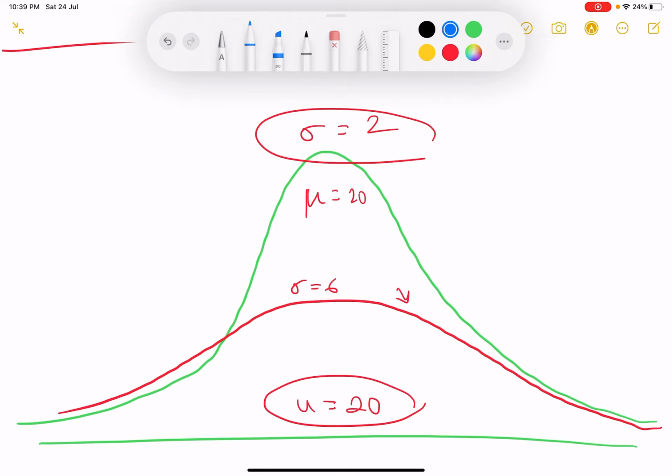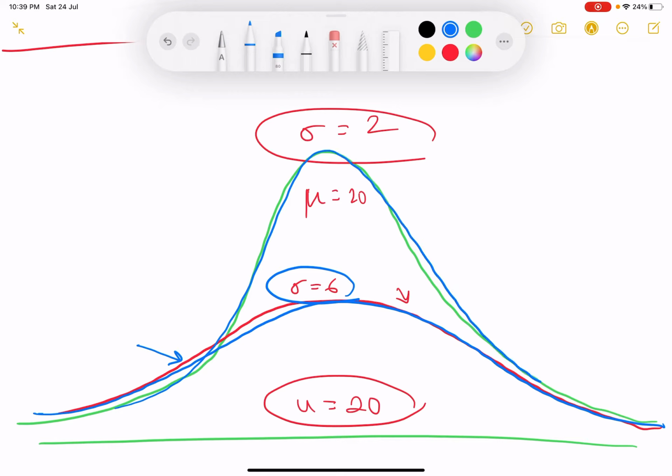Okay, so these are two normally distributed curves. The first one is more spread out, so it has a greater standard deviation, whereas the second one is less spread out, so the distance between these two values is less, but here between these two values the distance is greater.